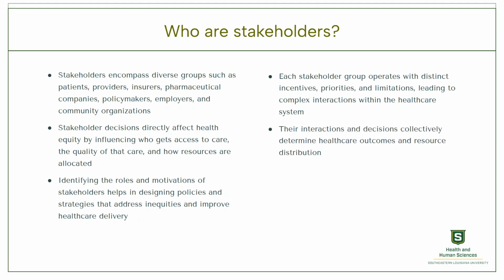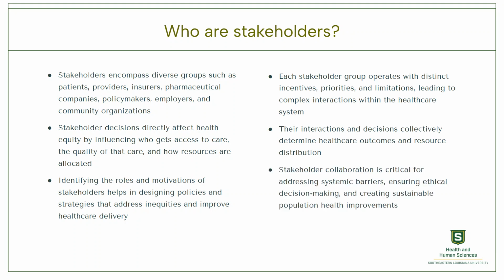The interactions between the stakeholders themselves, and your interactions with them, can collectively determine health outcomes and resource distribution. So this is why understanding stakeholders, how to work with them, and some of the things that drive them in terms of incentives and priorities is very, very important as a population health manager.